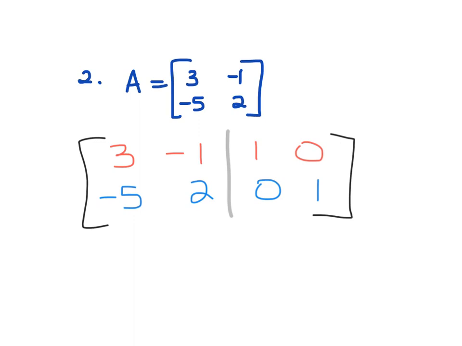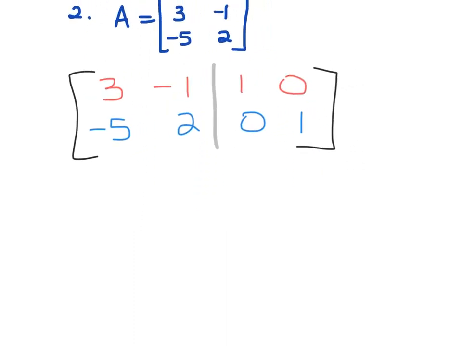We now need to transform and make the left side the identity, and then the right side will become the inverse. So again, I'm going to take care of this first element up here, the 3. I need to transform it to a 1.